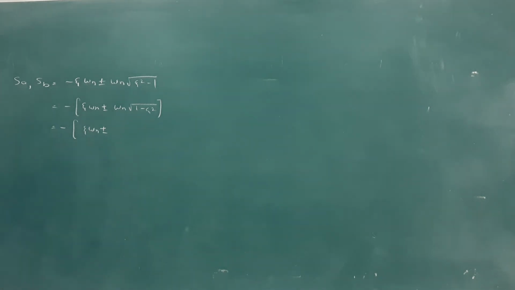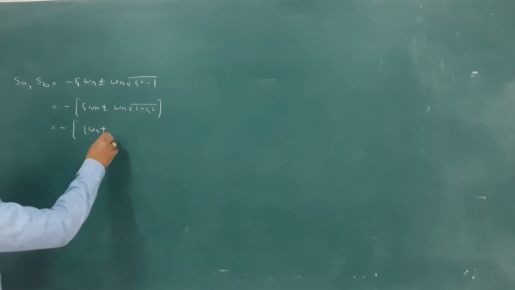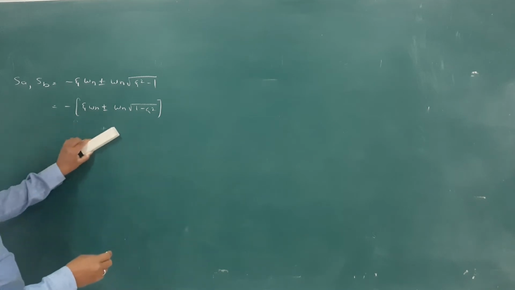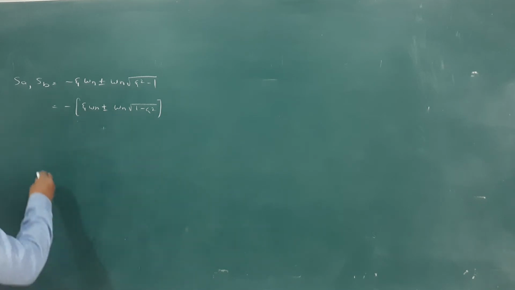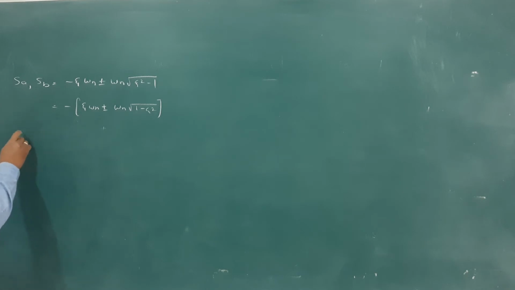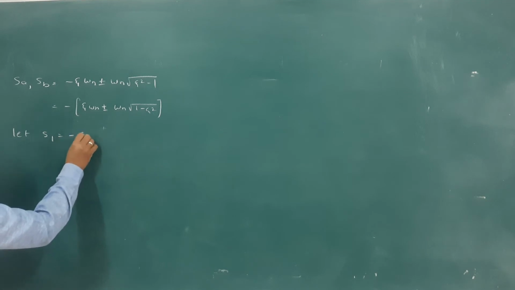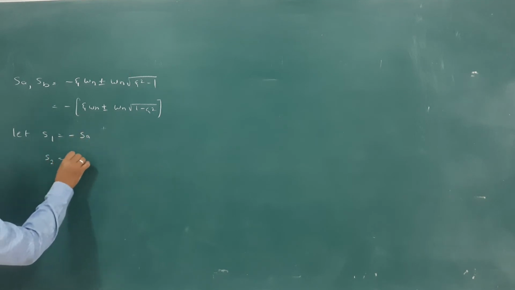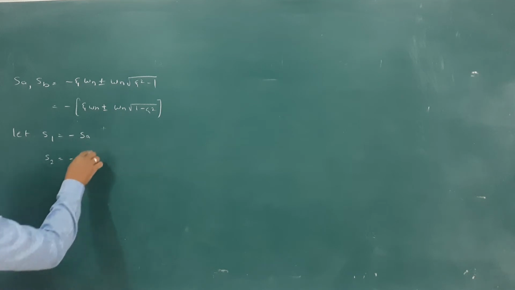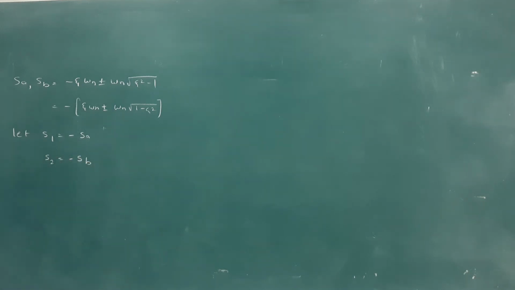We can write omega n into square root of zeta square minus 1 as omega d also, plus or minus omega n into square root of 1 minus zeta square. Therefore S1 is equal to minus SA and S2 is equal to minus SB. These are the real and distinct roots, no? So for the equation we are having S1 and S2.